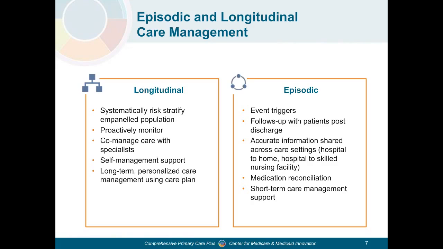And we're lucky enough to have access to a program called Pre-Manage, which allows us to see hospital discharges and ED discharges with 100% of the hospital systems in Washington State as well as Oregon. And so we can do outreach within 24 to 48 hours upon discharge.